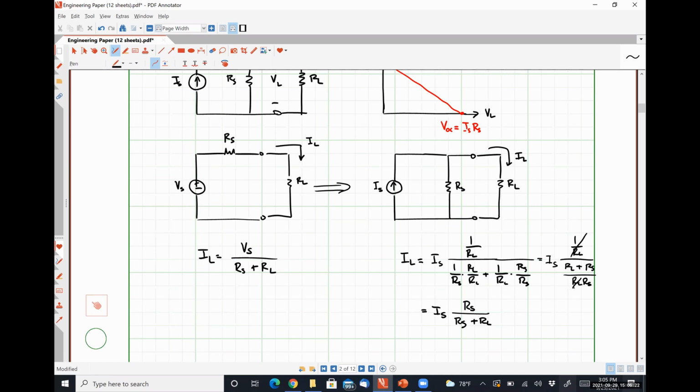So I ask again, under what condition are they electrically equivalent? Under what condition is IL on the left-hand side of the board equal to IL on the right-hand side of the board?